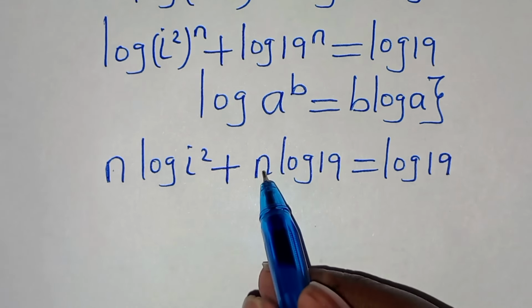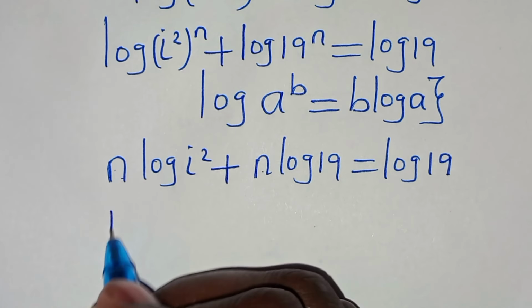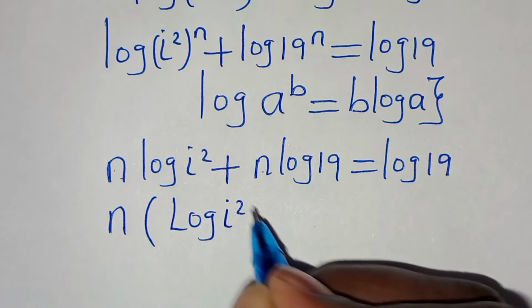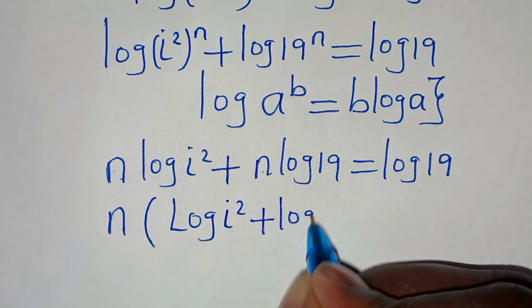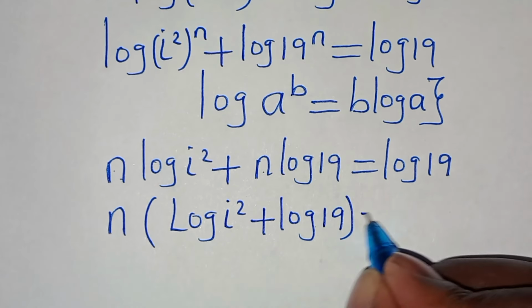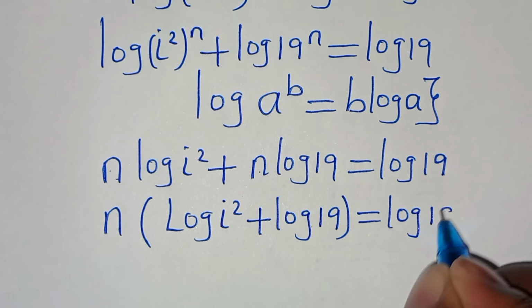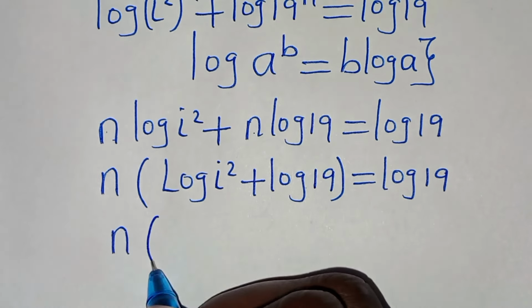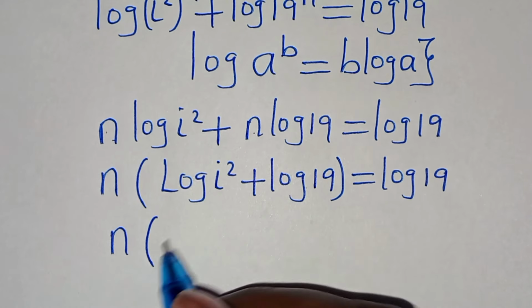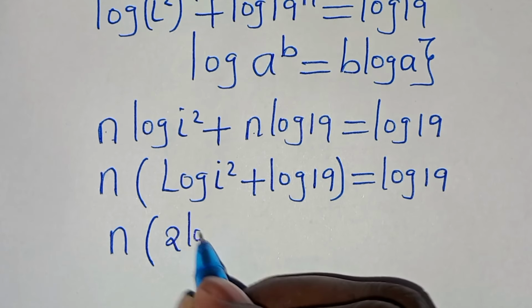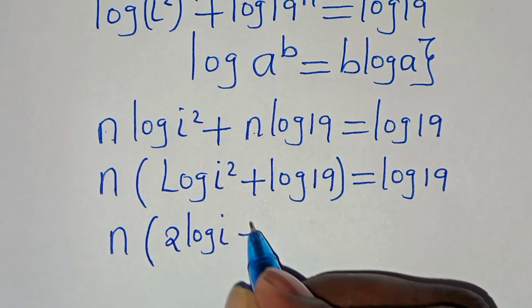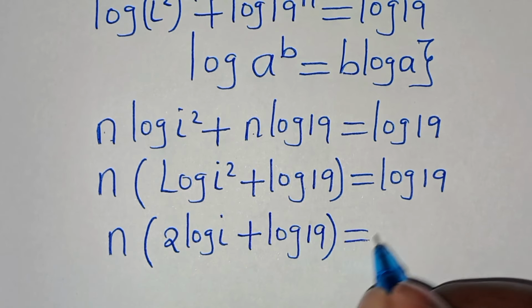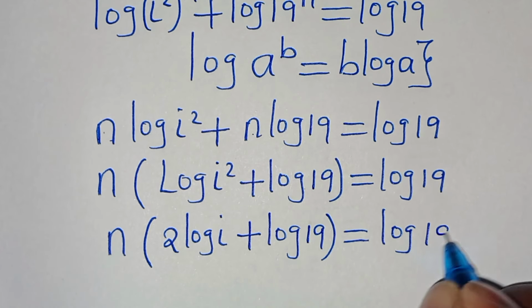Now, since n is common here, we can factor out n so that we have n times (log i squared plus log 19), equal to log 19. Now, n into the parentheses: log i to the power of 2 can be expressed as 2 log i, plus log 19, equal to log 19.